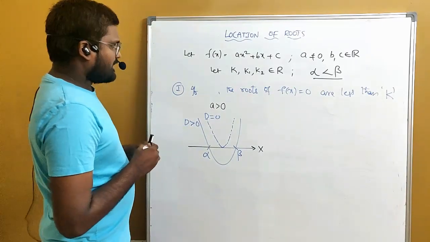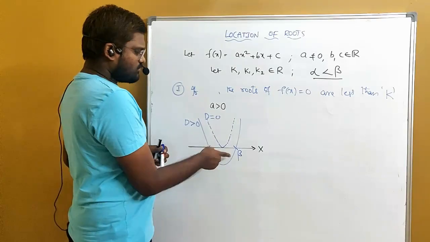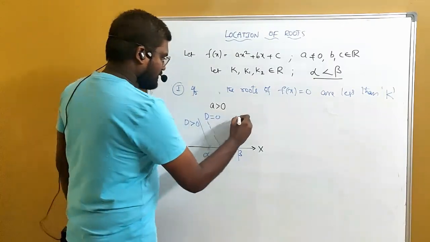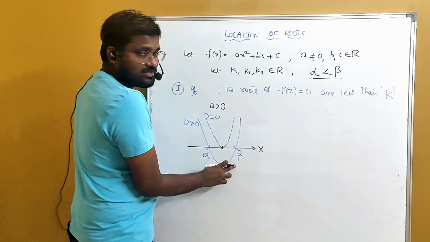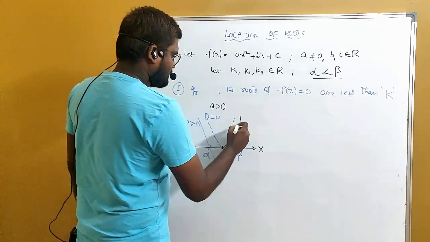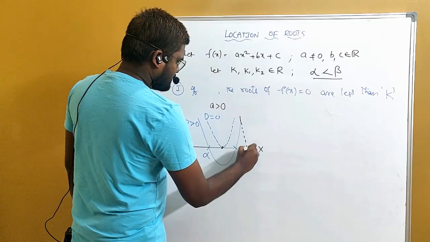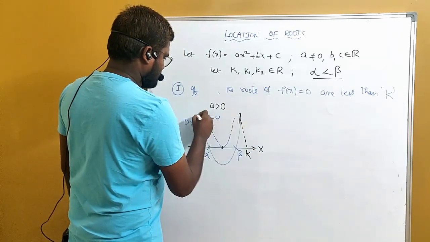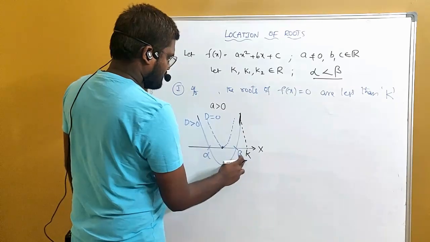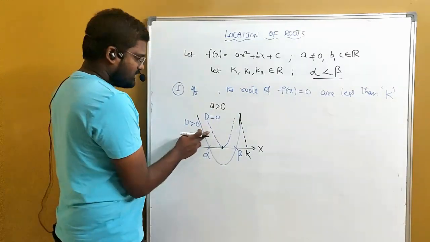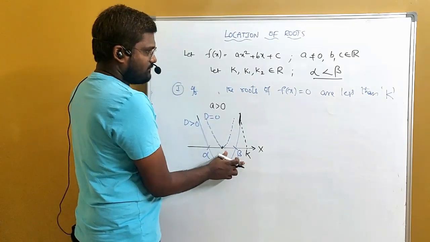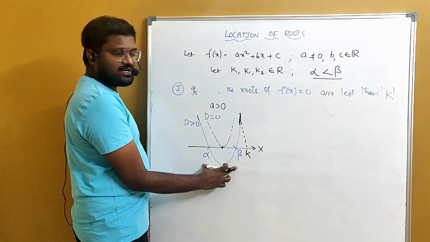Understood? Now I said, if the roots of this quadratic equation are less than k, that means definitely k will be on the right side of these two roots or this equal root. So let me assume k is somewhere here. I hope you are following what I am saying, isn't it? So this is D equals to 0, D greater than 0, and k is the number which is greater than the roots.